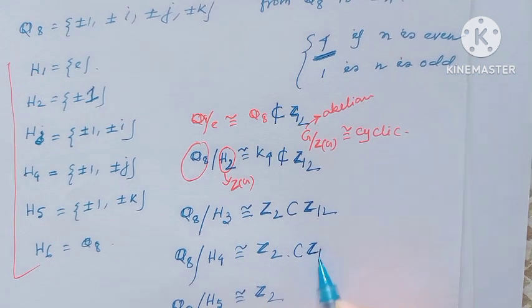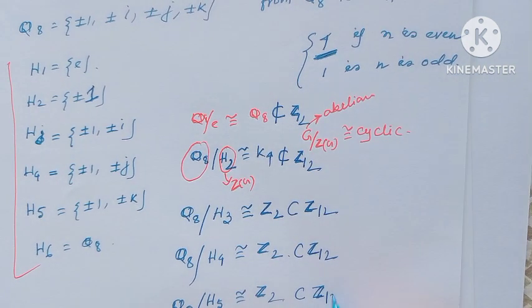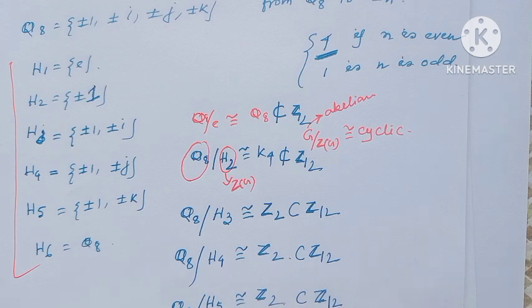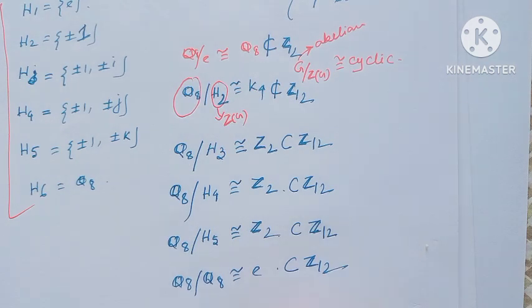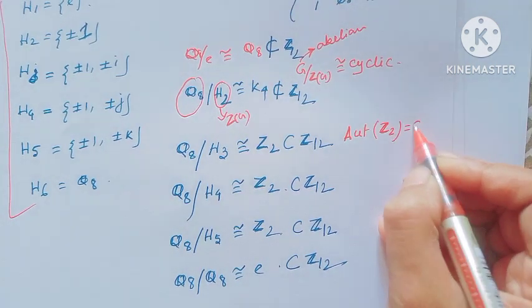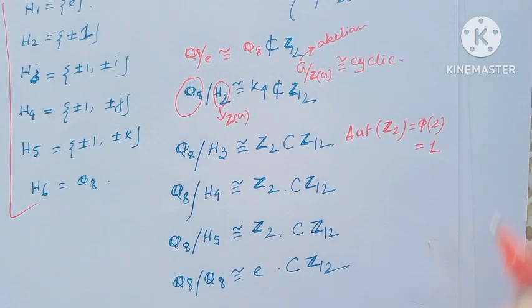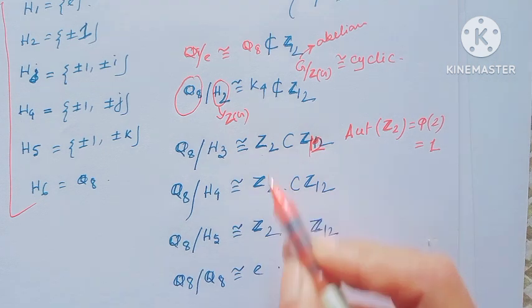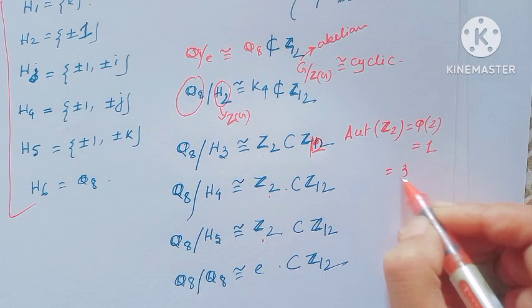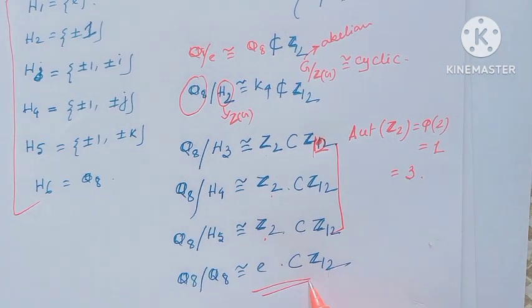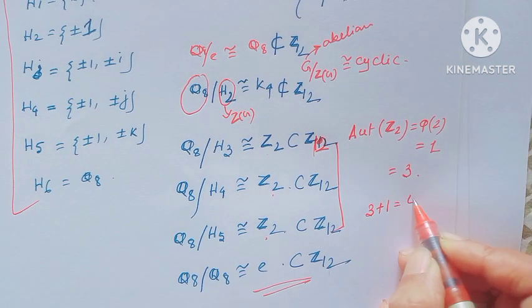Here the number of automorphisms of Z2 is always phi(2), which equals 1. The number of such Z2 types is 1, 2, 3. So this is 3, and the trivial one gives 1. That means 3 plus 1 equals 4.